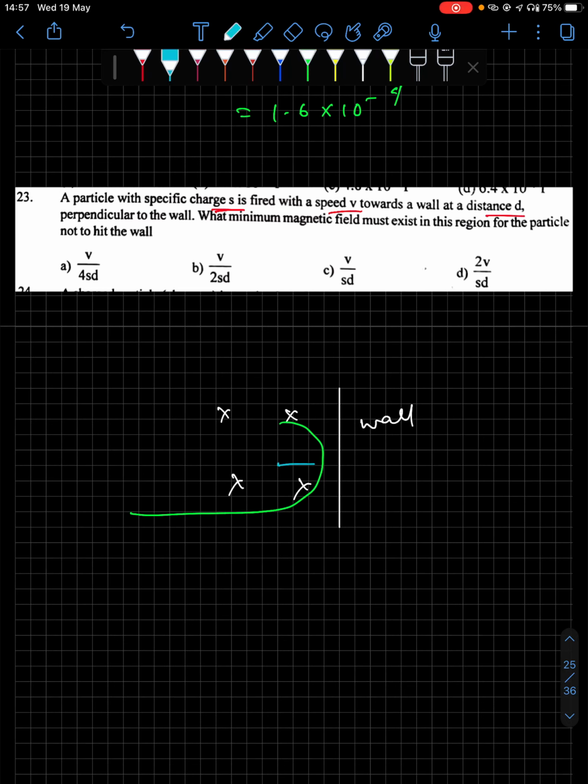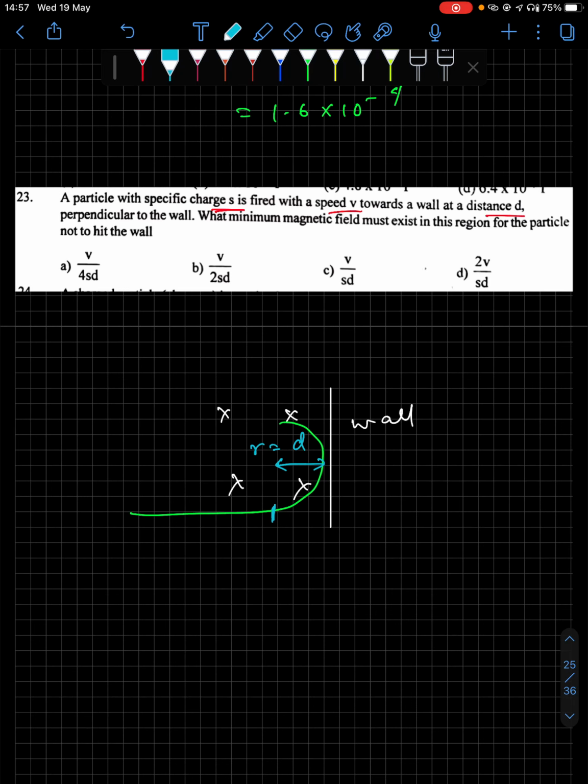Say this distance is D. The radius of the circular path of the charge particle is D. Or precisely in accordance with the question, you can consider that you are firing the charge particle from this point only, because the wall is at a distance D. You can also consider the wall to be a bit closer. That really doesn't matter.